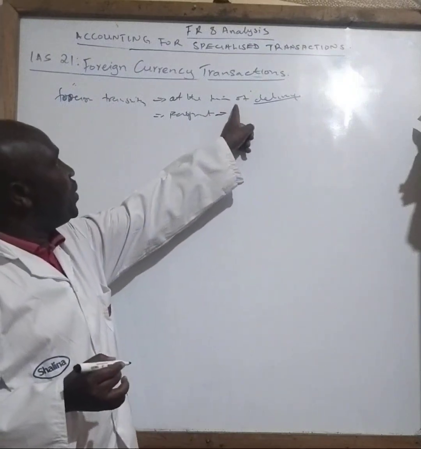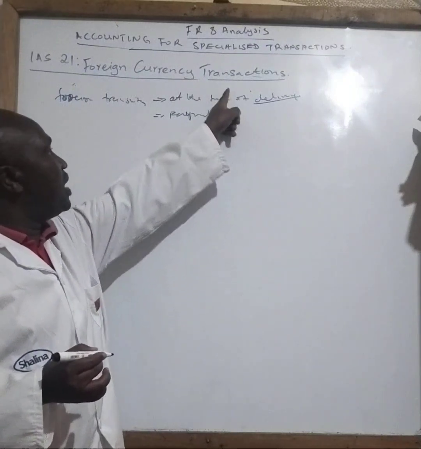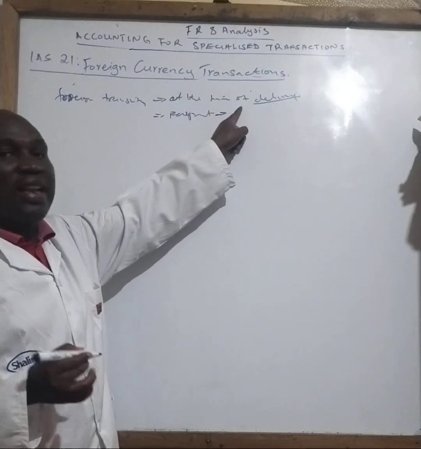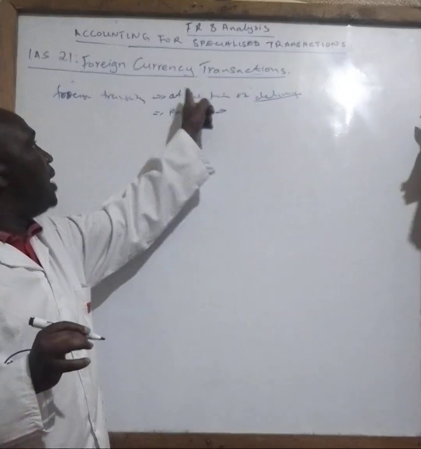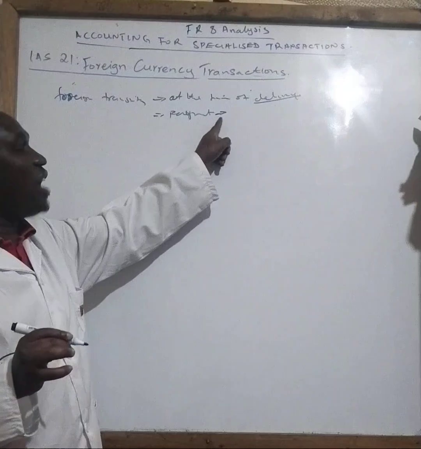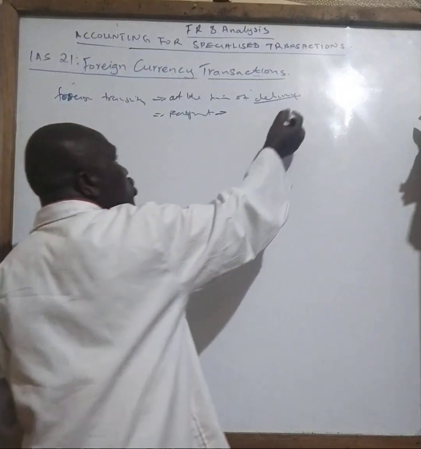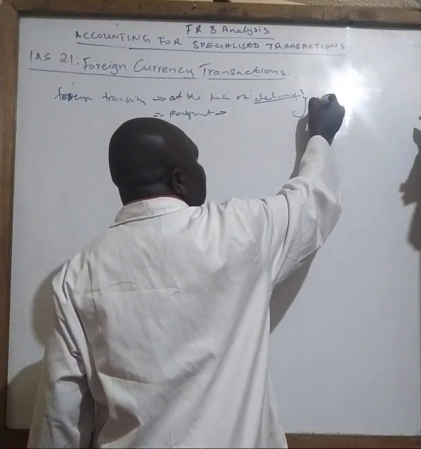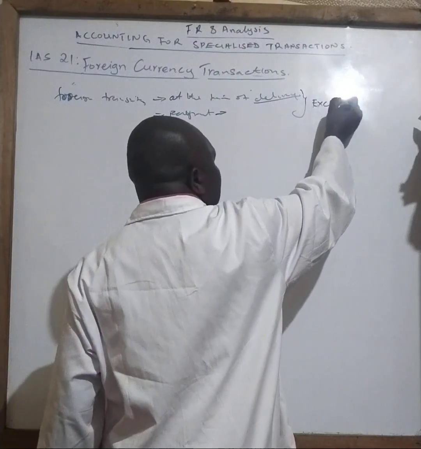And because there is a difference in terms of exchange rate at the time of transaction and at the time of payment, it will result to what we call exchange difference.